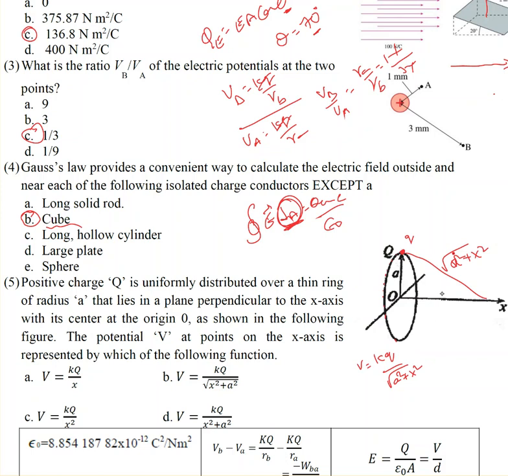Because of all charges, you're going to add everything, kq over the square root of a square plus x square. So we need to add all the small charges. If we add all the small charges, it must be Q. So V equals kQ over the square root of a square plus x square. Q equals q plus q plus q plus q, since it is uniformly distributed all over that ring. So many q's are in there.